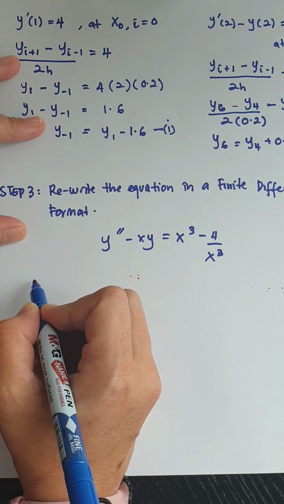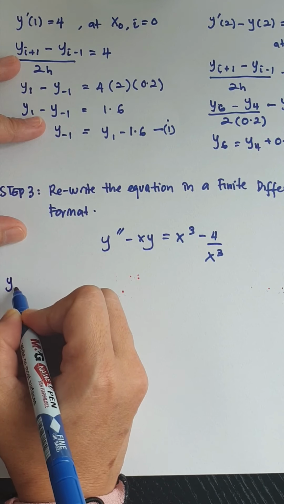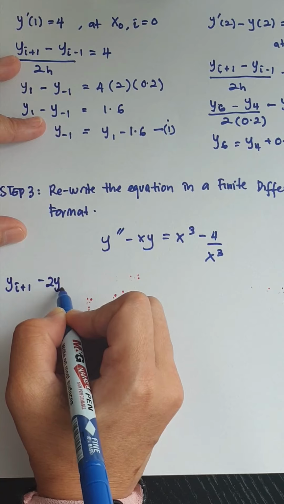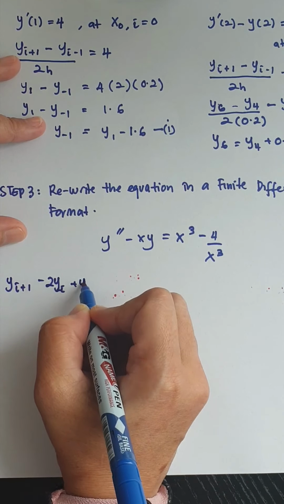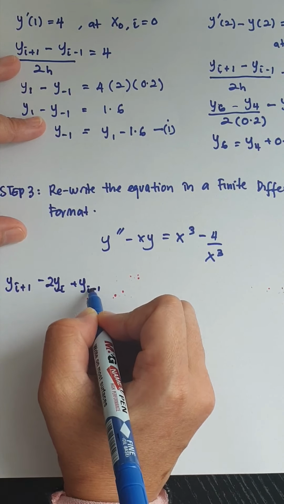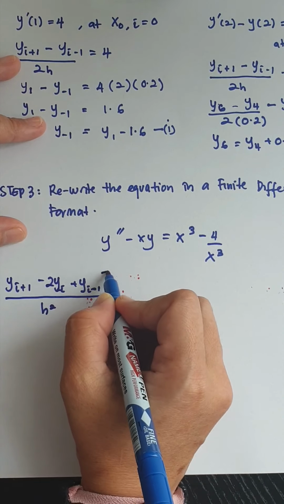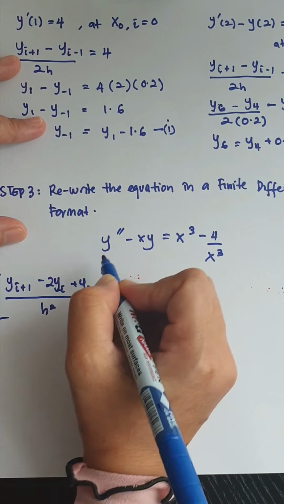So it will become yi plus 1 minus 2yi plus yi minus 1, divided by h squared. So this is your y double prime.